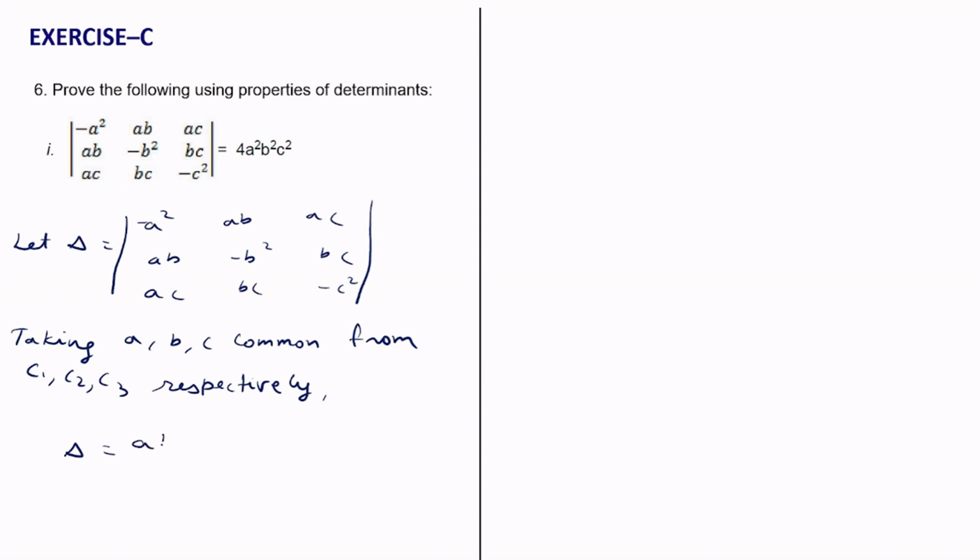Delta equal to a, b, c into, so here we have minus a, b, c, then here a, minus b, c, and here it is a, b, minus c. And now we can take a common from first row, b common from second row and c common from third row.